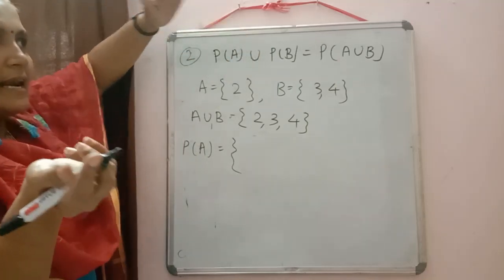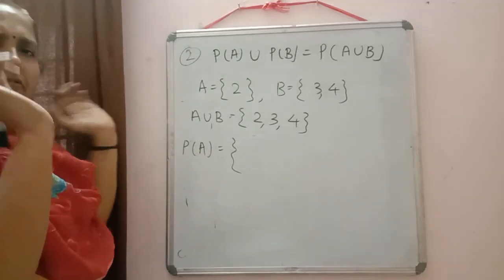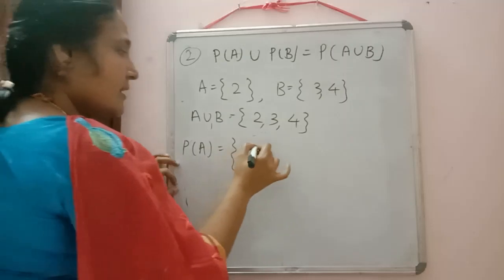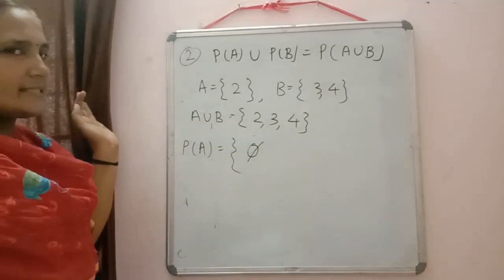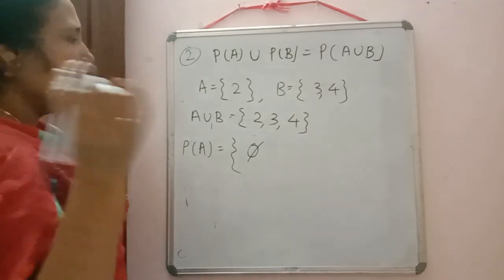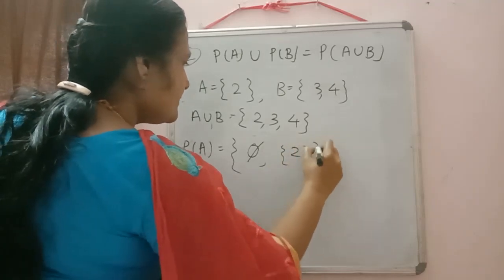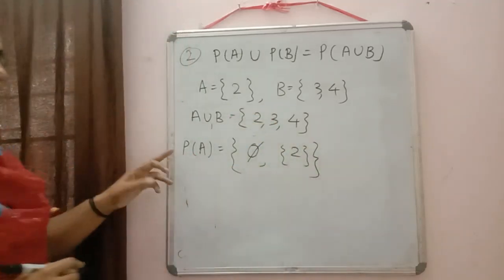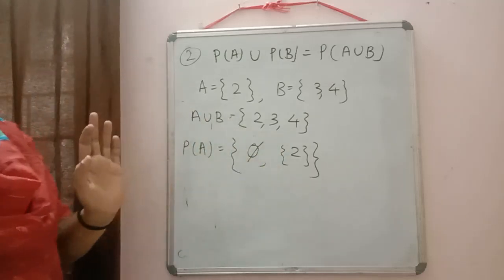So whenever we are writing the subsets of any set, always we have to write, first, the null set. Null set is the subset of all the sets. Null set means it is an empty set. Then set {2} alone. Only these two are possible. So power set of A contains only two elements, null set and {2}.